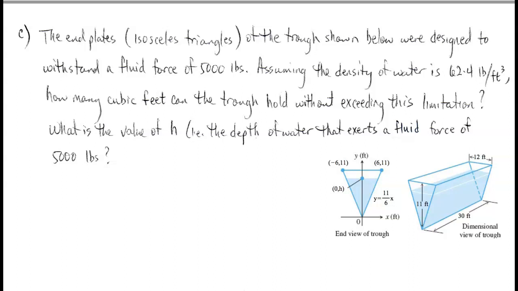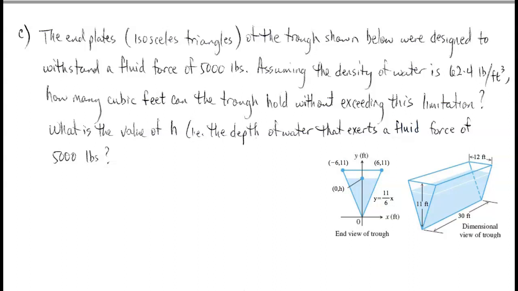So in other words, the end plates of this water trough can take 5,000 pounds of fluid force, and we need to know how high we can fill up the water so that the force at a certain height is equal to 5,000 pounds of fluid pressure or below that.